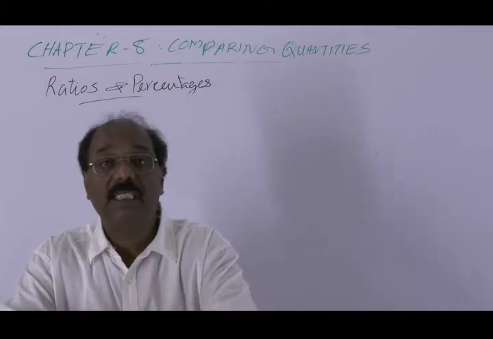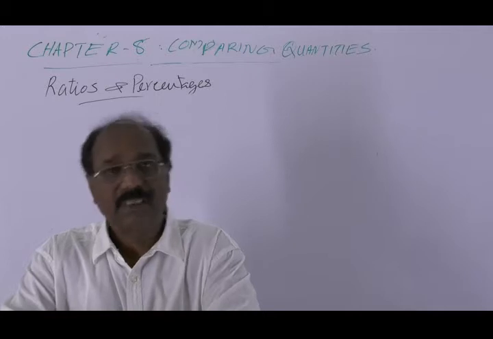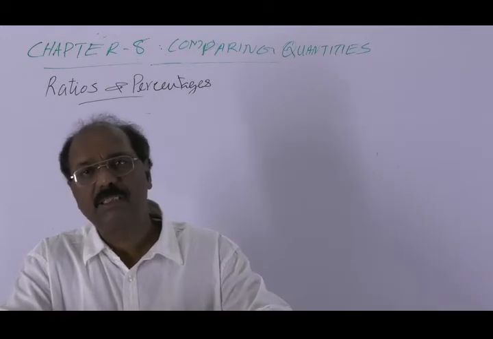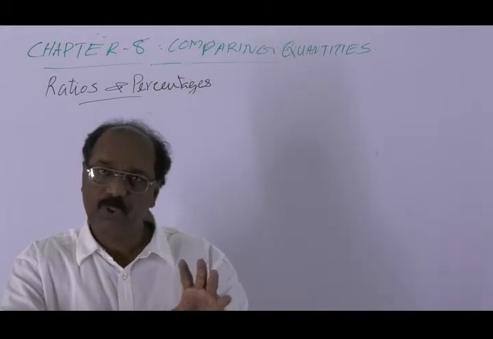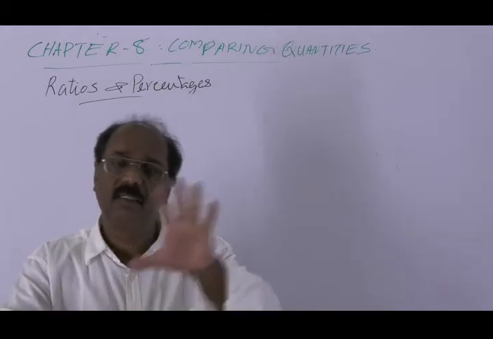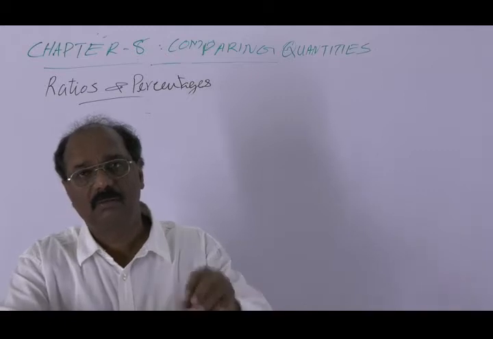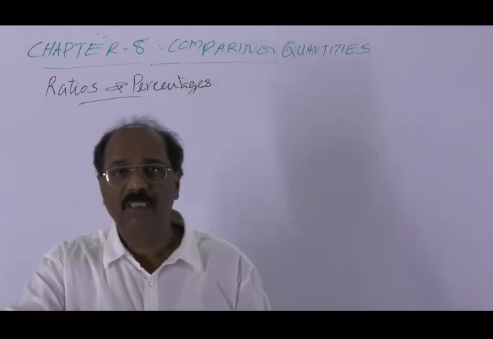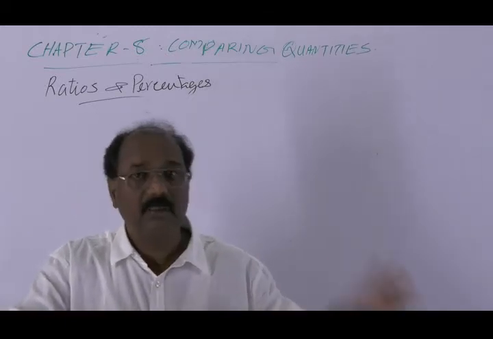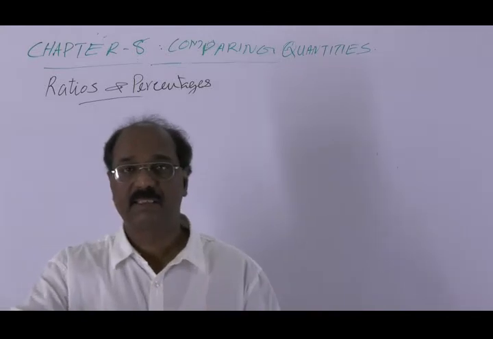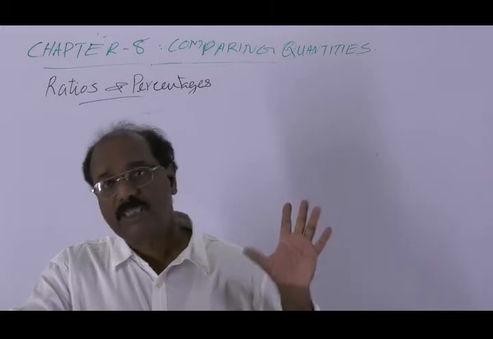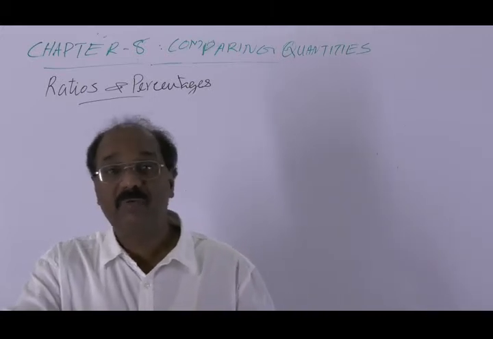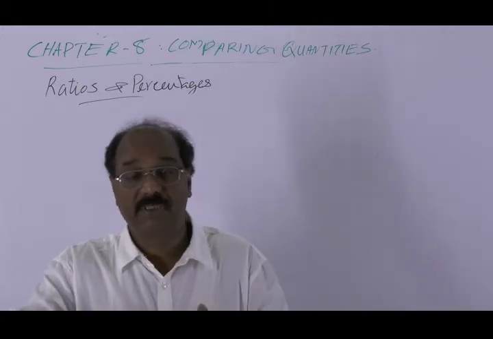So this percentage actually gives us not an exact value but a proportion. For 100 this much, and then for some other quantity the percentage will be that much. That is percentage. These two can be well explained using certain examples.